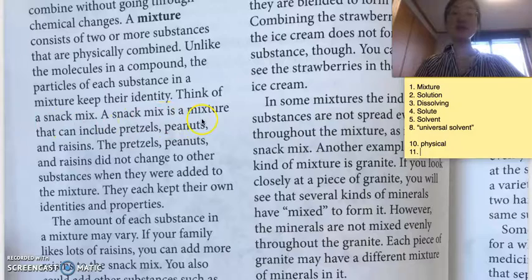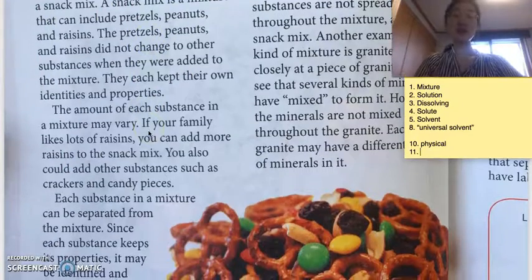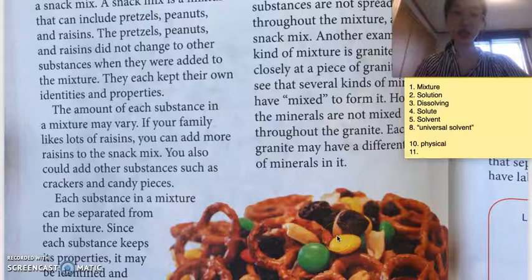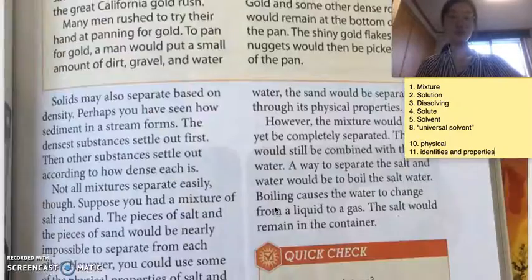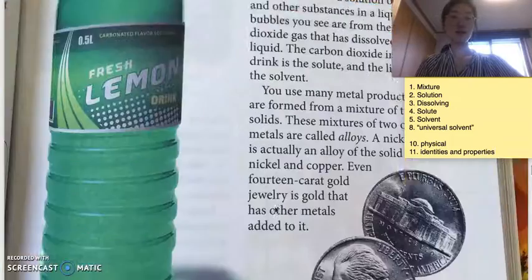A snack mix is a mixture that could include pretzels, peanuts, and raisins. And the pretzels, peanuts, and raisins did not change to other substances when they were added to the mixture. The pretzel still tastes like a pretzel, the candy still tastes like a candy, and the raisins still taste like a delicious raisin. They each kept their own identities and properties. So that is our answer for number 11.